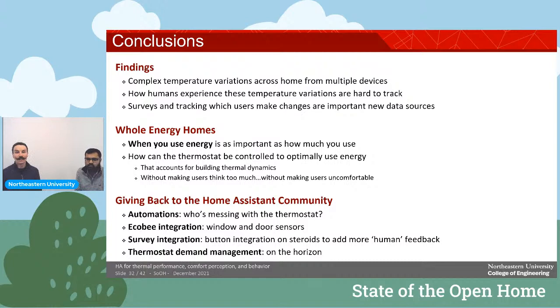On the horizon, hopefully working with the Home Assistant community, and hopefully we might be able to develop it into the core, are predictive thermostat demand management strategies that the user can trust. And in order for the user to trust it, we have to think about how we handle sensors that might be bad, or different ways that the temperature might not be detected throughout the home.